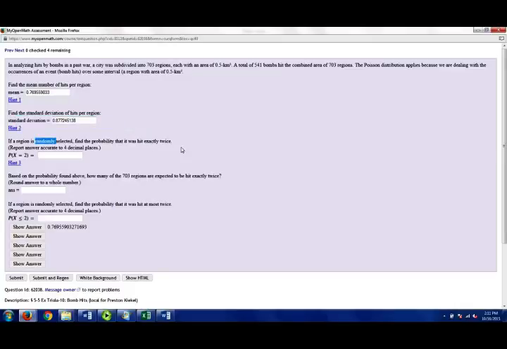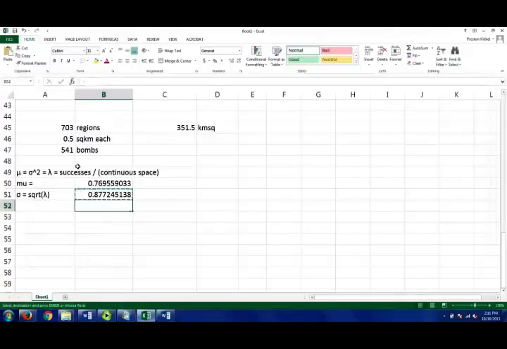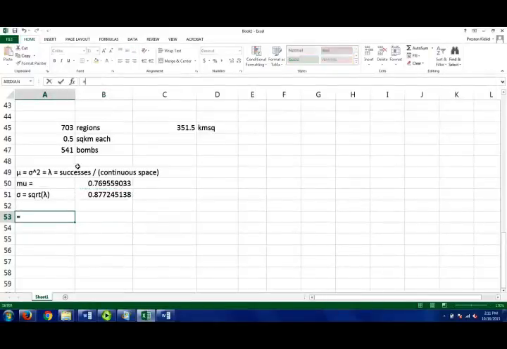The region is randomly selected. Find the probability that it was hit exactly twice. So in Excel, the formula we use for that is POISSON. The formula will be equal POISSON, and I put an x, the number of successes, and lambda, I'll just write mu, the mean, and then I want 1 for cumulative, or 0 for not.